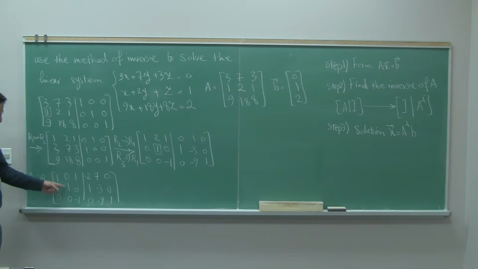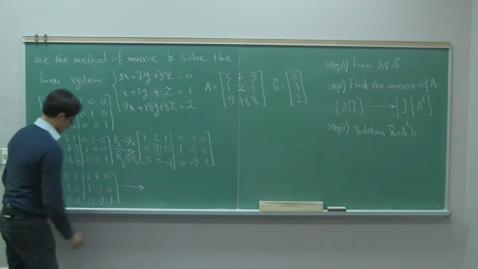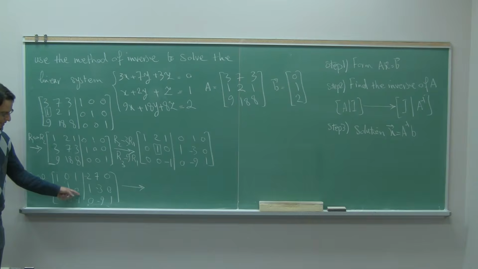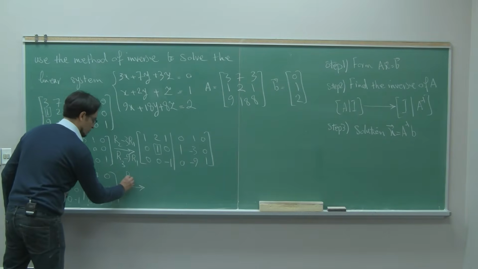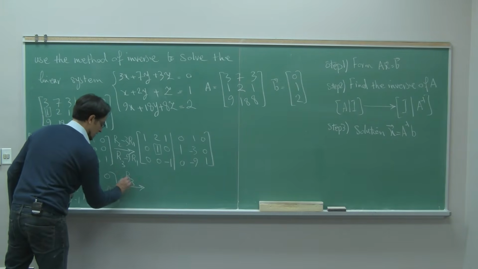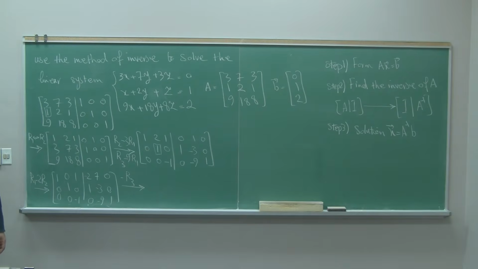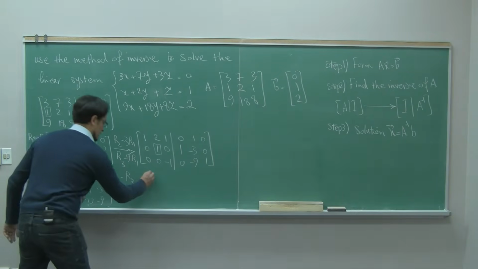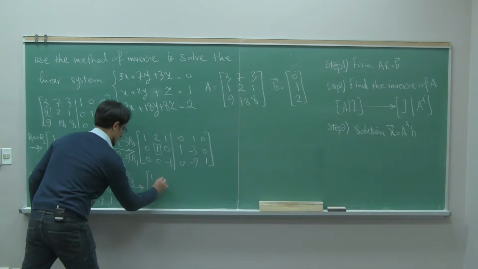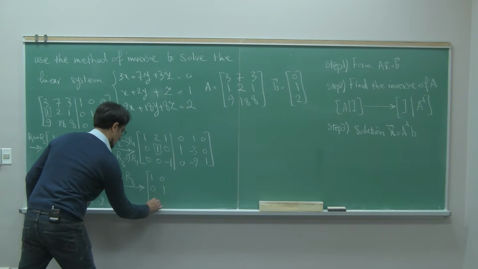Well, I'm done with column 2. This is leading 1. Everything else is 0. Here now I have the last leading 1. I have to make this one a leading 1, so I multiply row 3 by negative 1 to get 1 in that place.